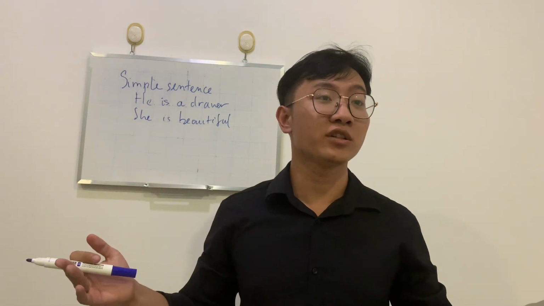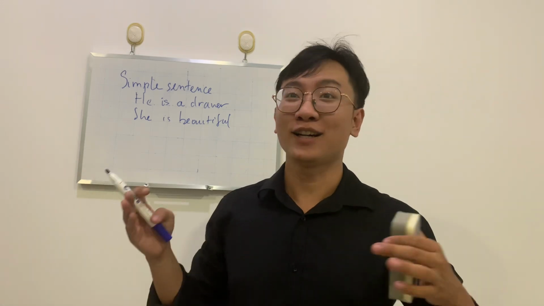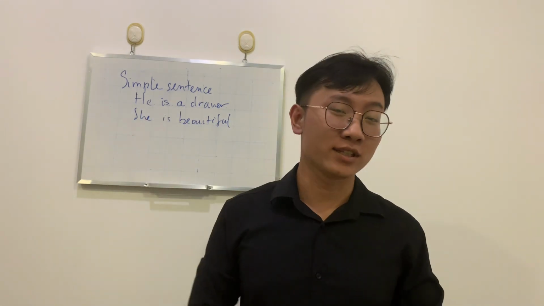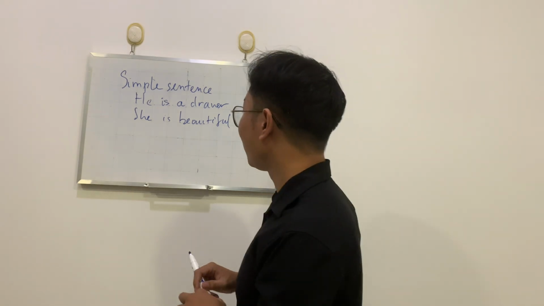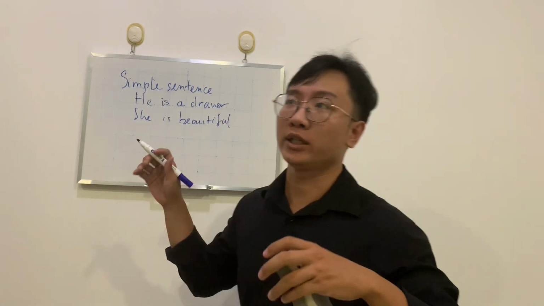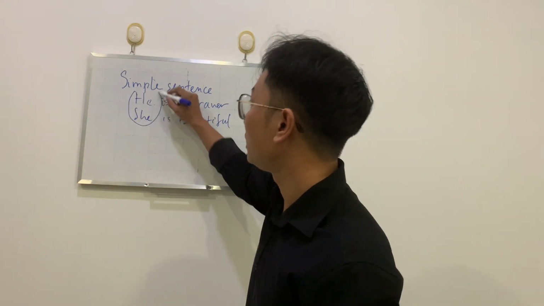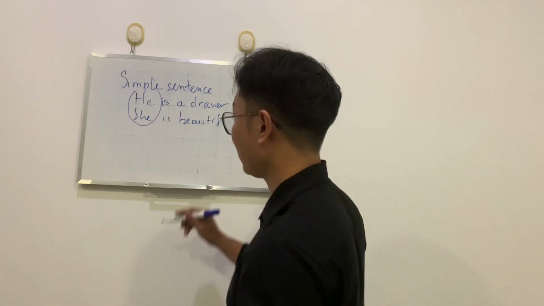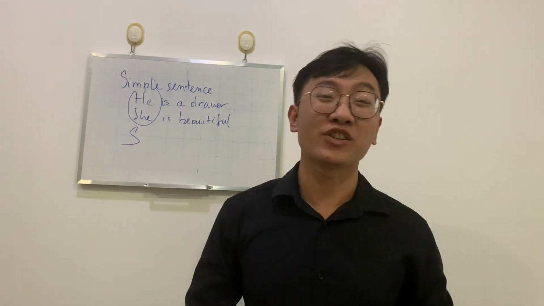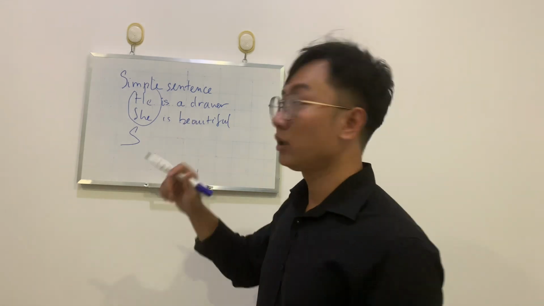So congratulations. You already figured out 50% of all simple sentences. All right. So we need to work this out into a formula. So he and she, we will call them an S, which is the abbreviation for the subject here. Okay.